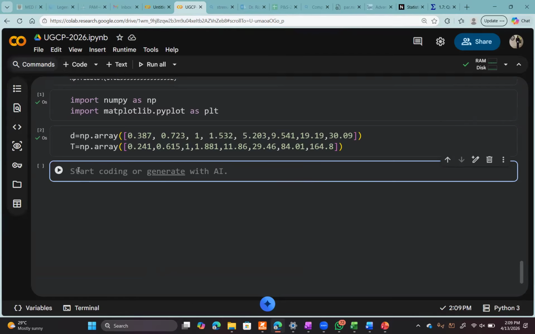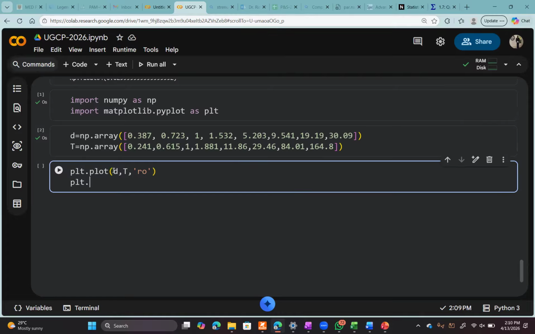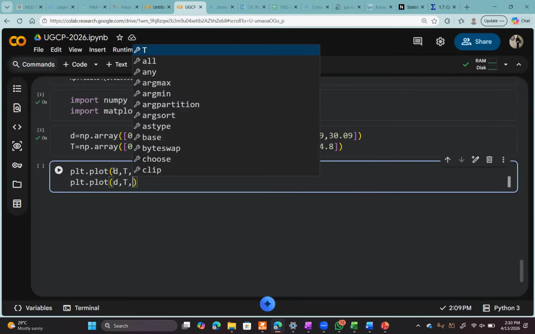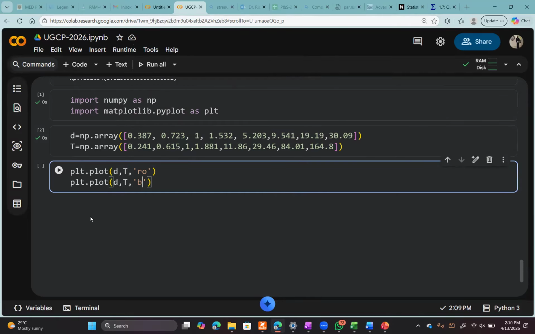Then the first thing is to plot. So from the library, plt.plot, we would like to see the distance D on the x-axis and the time period on the y-axis. And I would prefer red circles. And also I would like to see a smooth curve.